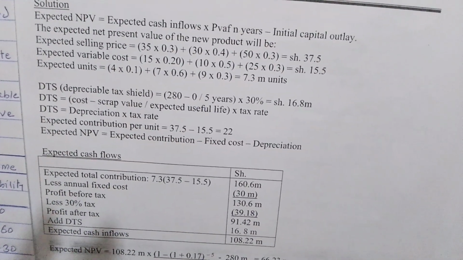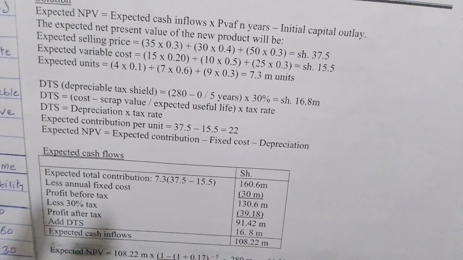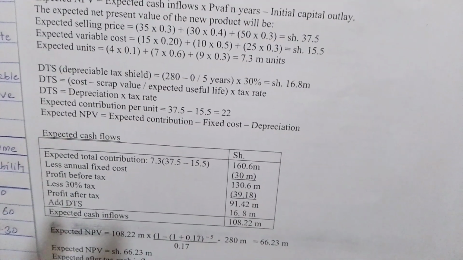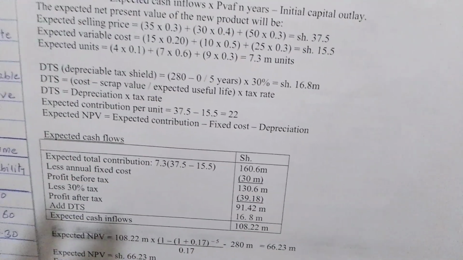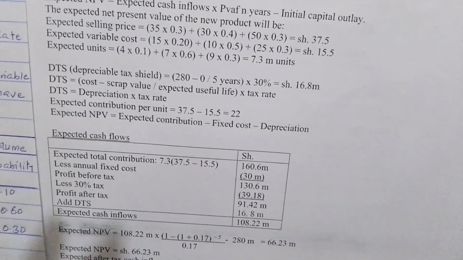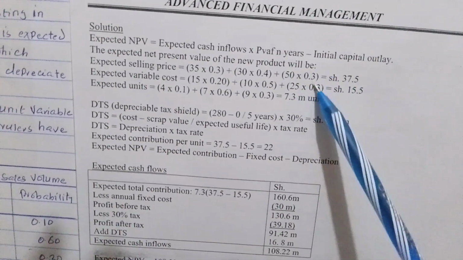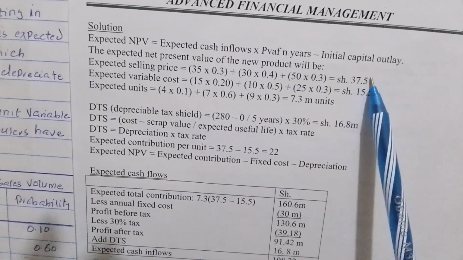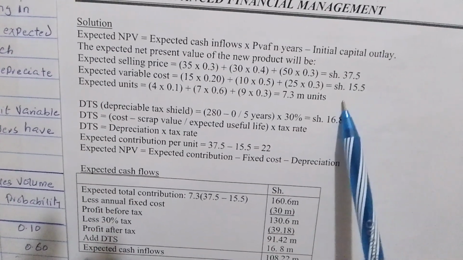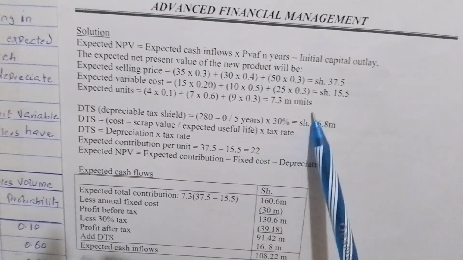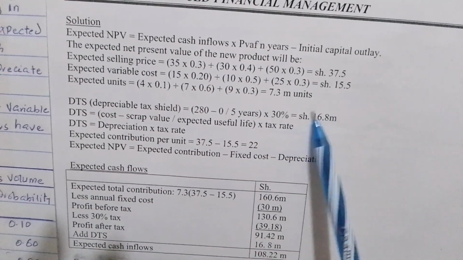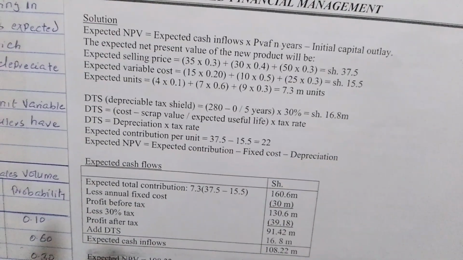Then the expected contribution. Contribution is given by selling price per unit minus the variable cost per unit, and we have calculated our expected selling price per unit, that's 37.5, and we less expected variable cost of 15.5, we get 22.